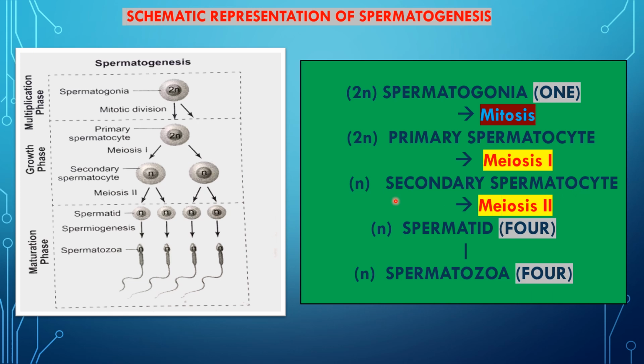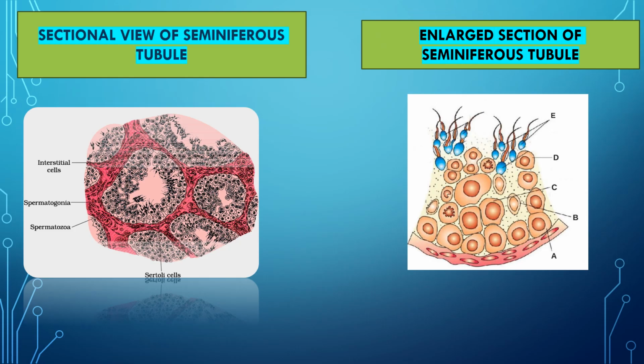Each secondary spermatocyte, which is haploid, undergoes meiosis II and produces 4 spermatids. All these 4 spermatids later mature as spermatozoa or the sperms. Is it clear, children? Hope you understood. I have repeated it many times, so by this time you should be thorough in this.